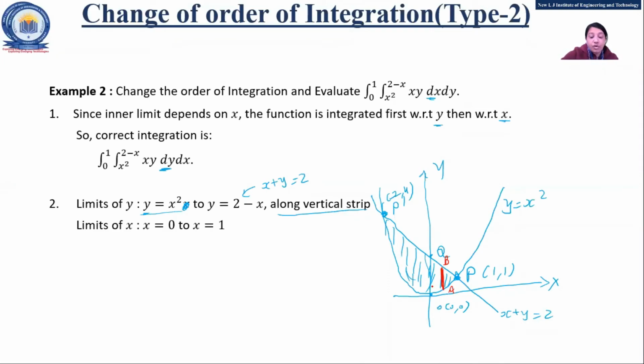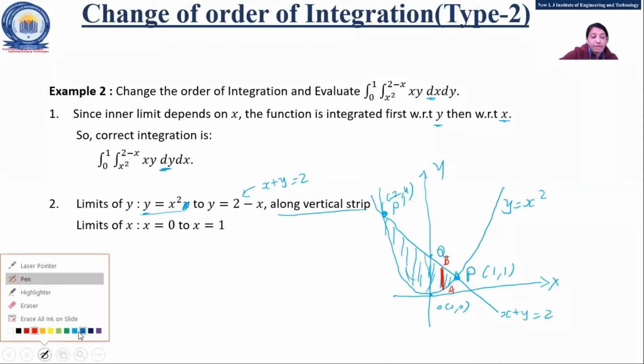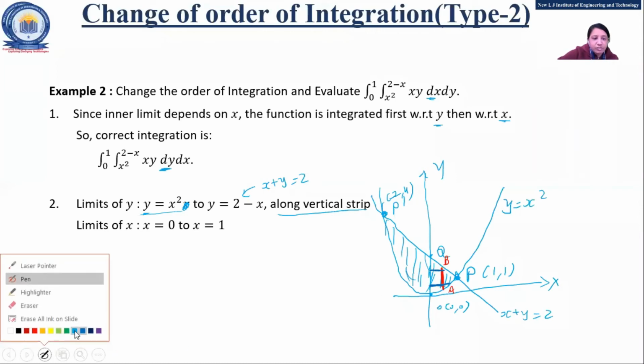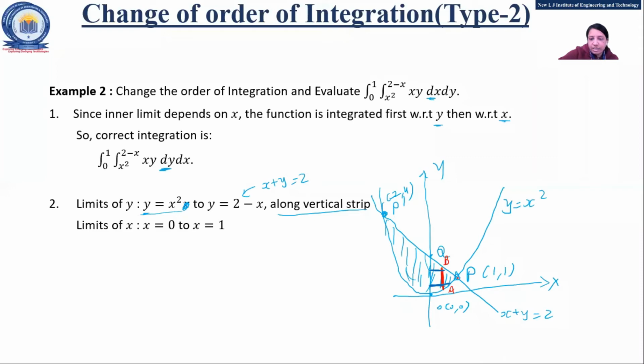If I draw the horizontal strip here, it is supposed to end at this point. This type of example we have seen in the last lecture. I need to divide this into two regions at this intersection point, and I have given one name to that, that is R.